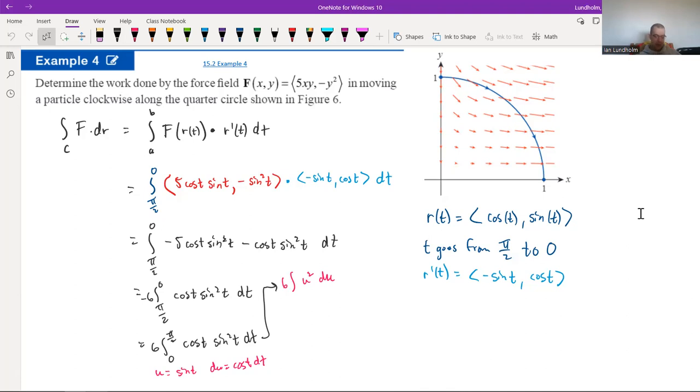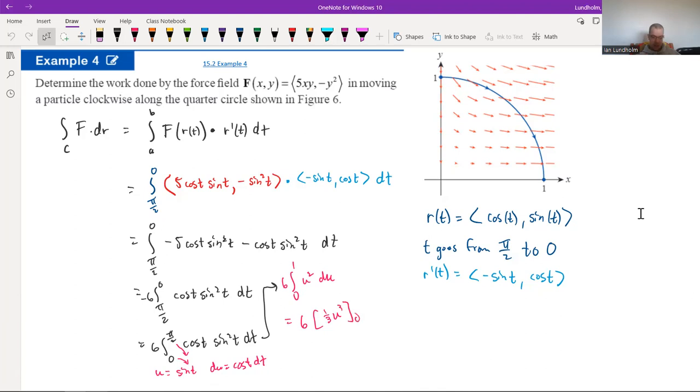And if we plug in the boundaries for sine, 0 becomes sine of 0, which is 0, and pi halves becomes sine of pi halves, which is 1. And so then we're able to go 6 times 1/3 u cubed from 0 to 1.